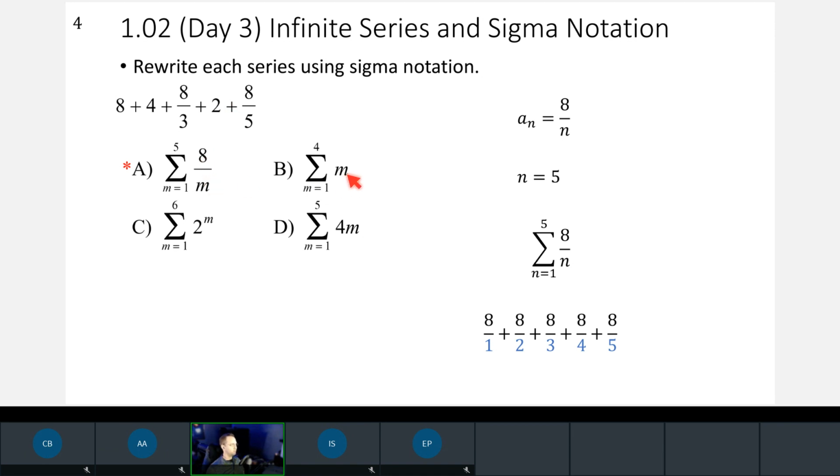If I plug in 4 here, that's 4, and I wanted 2, so that doesn't work. 2 to the 4th power is definitely not 2. And then 4 times 4 is 16, and we wanted 2. So that's a quick way to check just one of those. I wouldn't check the first one. Hopefully that helps.